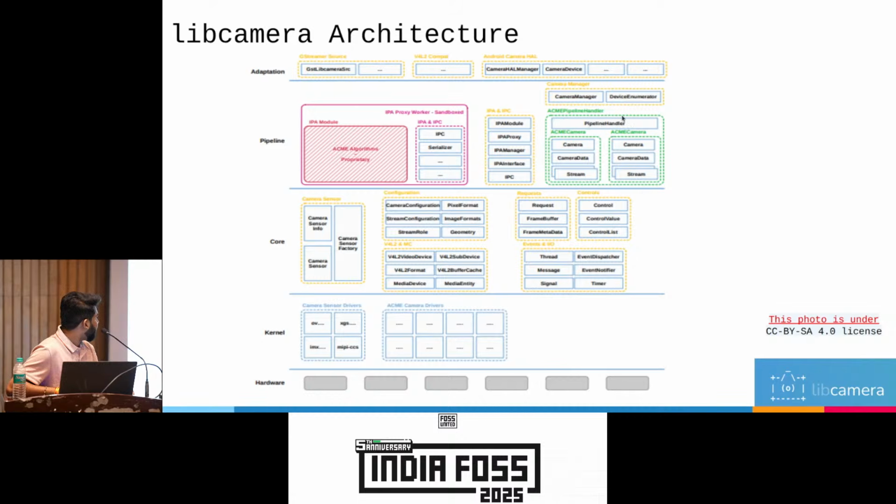All your device based logic will come here, and this IPA module, image processing algorithm, will be closed source or open source based on your implementation. So basically, what will a pipeline handler do?